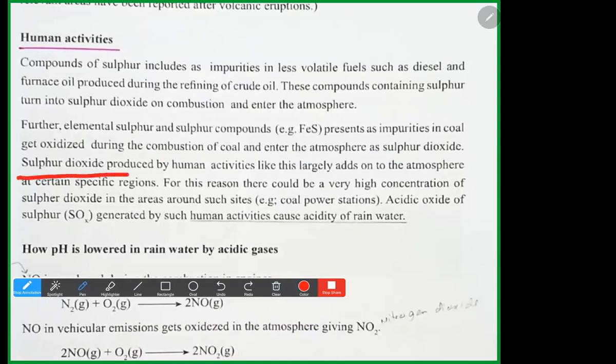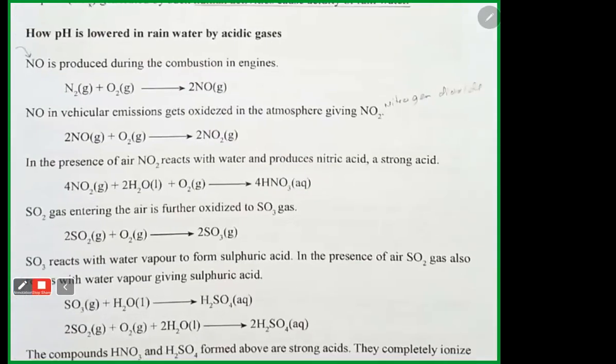Sulfur dioxide produced by human activities like this is largely added to the atmosphere at certain specific regions. For this reason, there could be a very high concentration of sulfur dioxide in the areas around such sites. Example, coal power plant stations. Acidic oxides of sulfur, SOx, SO2 and SO3, generated by such human activities cause acidity of rainwater.